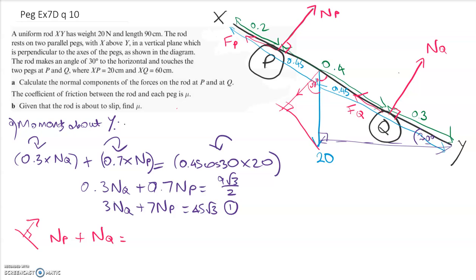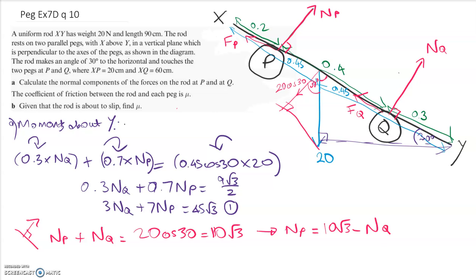So this component of the force has to be 20 cos 30, which I know is 10 root 3, because cos 30 is root 3 over 2. So if I rearrange this one, I've got NP equals 10 root 3 minus NQ.